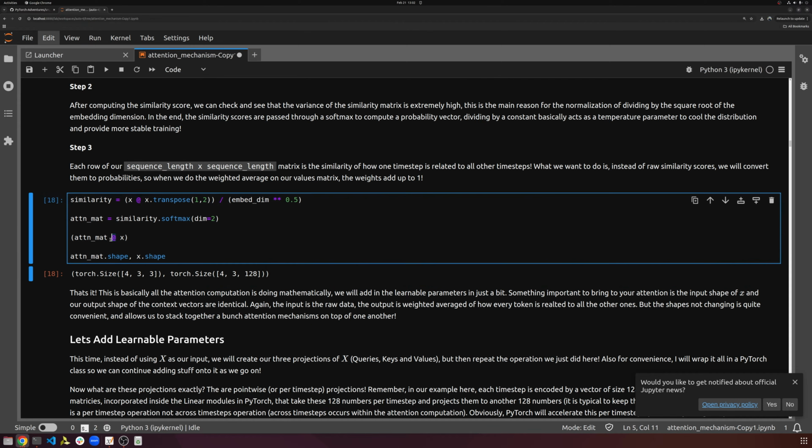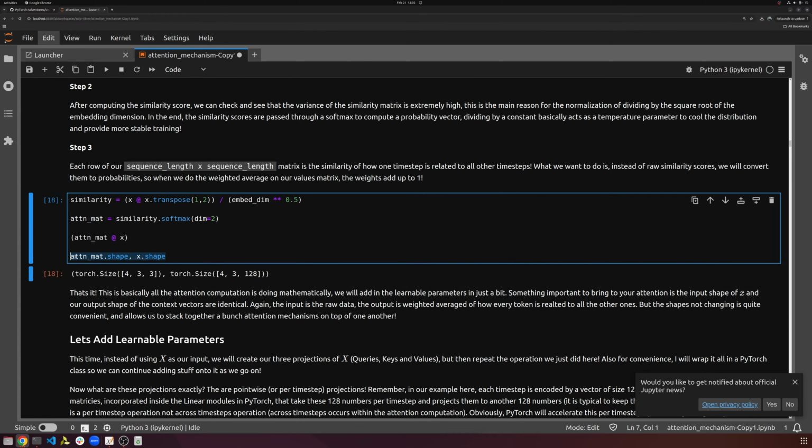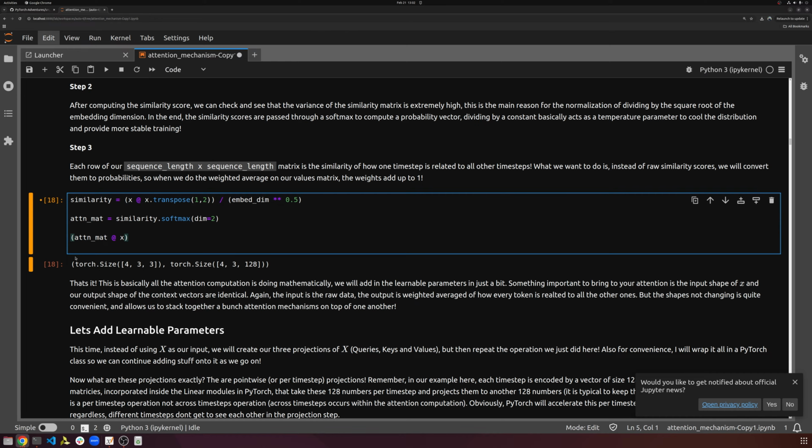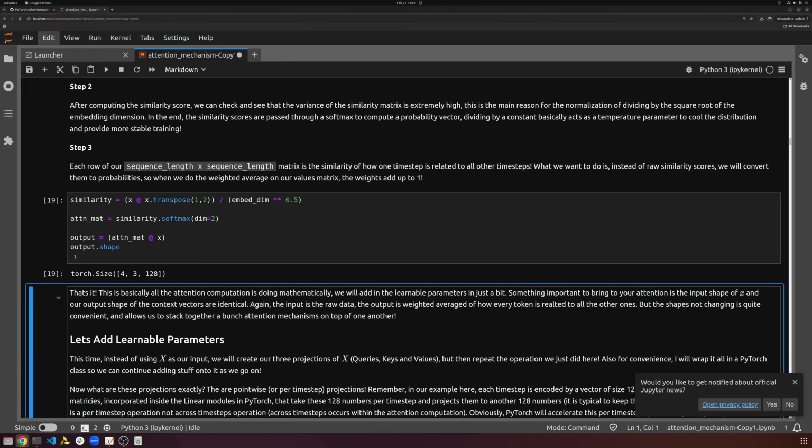So again, this at operator will parallelize over the 4. And so we're really just doing a 3 by 3 multiplied by a 3 by 128, producing a final 3 by 128 output. And so this will be our output. And there we go.